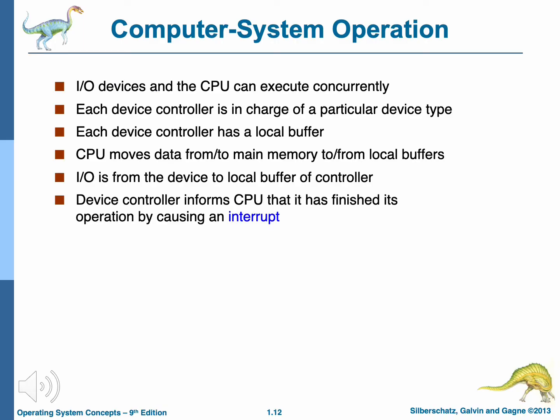The occurrence of an event is usually signaled by an interrupt from either the hardware or the software. Hardware may trigger an interrupt at any time by sending a signal to the CPU, usually by way of the system bus. Software may trigger an interrupt by executing a special operation called a system call, also called a monitor call.